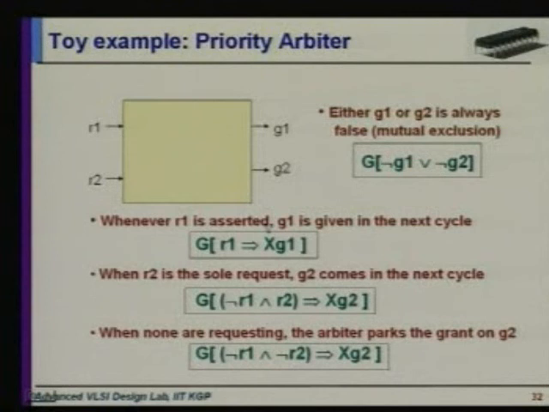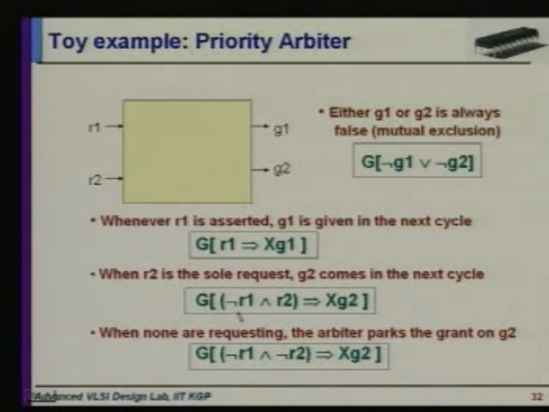These are some other properties. Whenever R1 is asserted, G1 is given in the next cycle. So always, if I have R1, that implies that in the next cycle, X stands for next, I will have G1. If R1, then in the next cycle G1, and this must hold always.